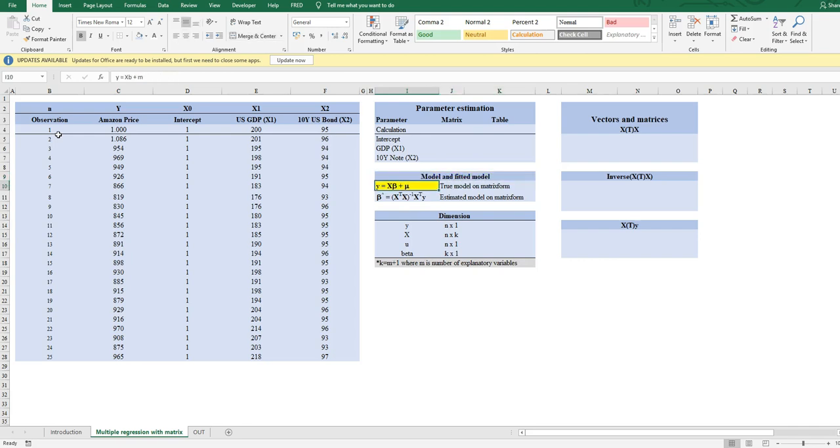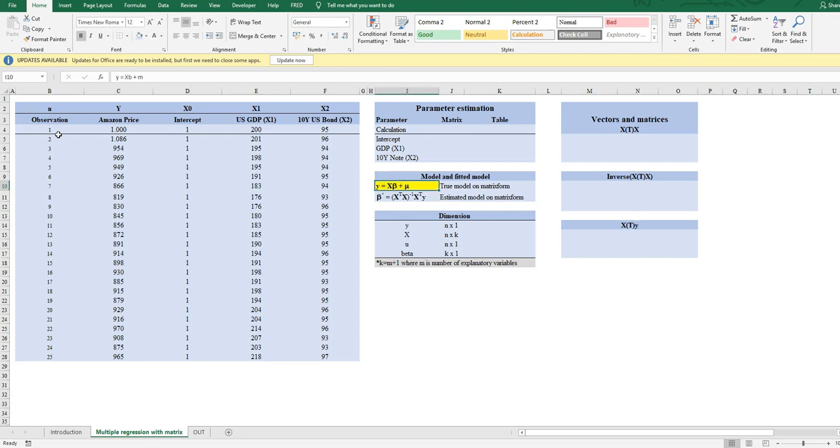So you have a true model, a population model of y, the endogenous variable, in this case the Amazon price, being described by a linear relationship and a stochastic expression, the normal distributed expression encapsulated in the error term.